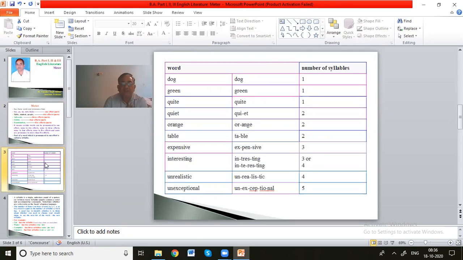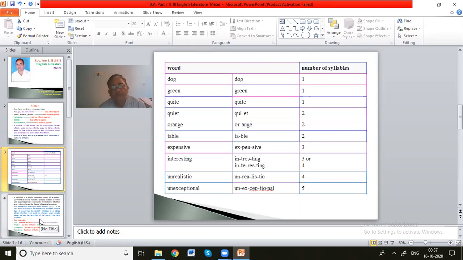Interesting, three syllables, or interesting, four syllables. It depends upon how we pronounce that word. Unrealistic, four syllables. Unexceptional, five syllables. Same case: there are certain words which consist of one syllable, and certain words which consist of two syllables, three syllables, four syllables, or five, six, etc.